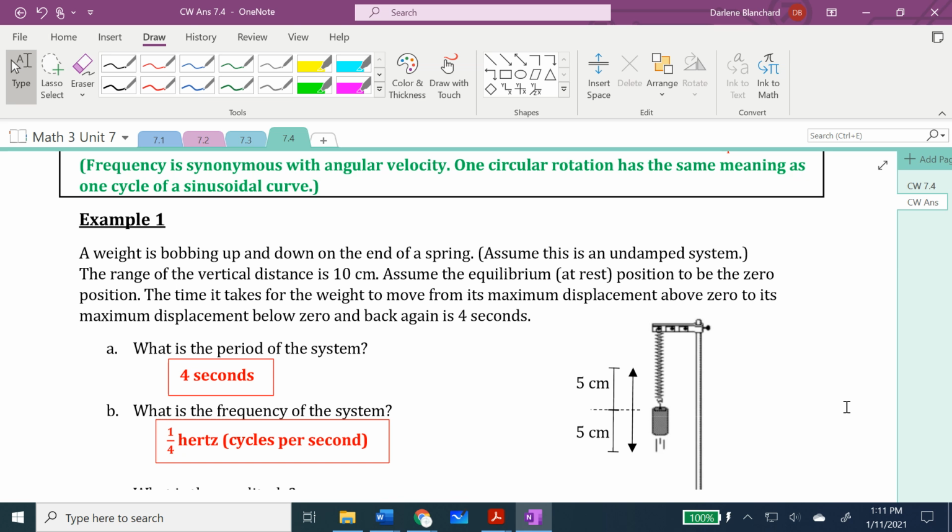So if you don't want to deal with the unit hertz, I'm not going to push that. You can just say that the units of 1/4 are cycles per second, 1/4 of a cycle per second. But if you're familiar enough with physics that you feel more comfortable using hertz, then you can use hertz. But I'm going to leave it there as far as that particular unit of measure is concerned.